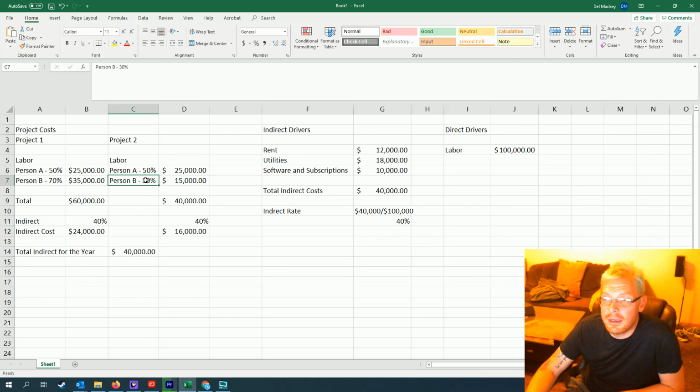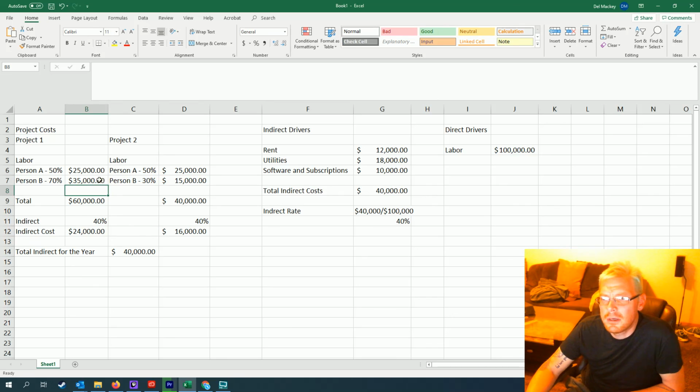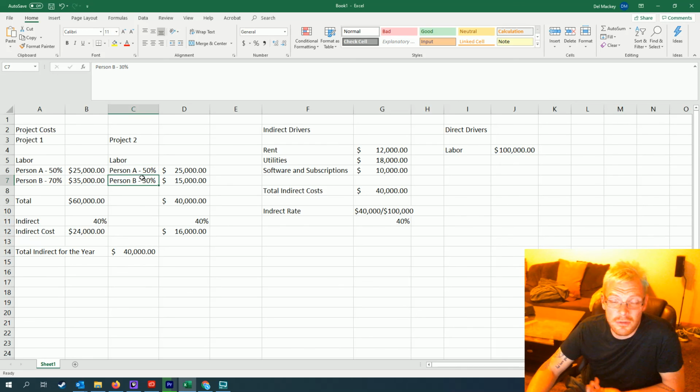And then on project number two, they're at 30%, and that gives you $15,000. So when you add these together, you see that between project one and project two, you fully covered that person's time, $50,000 in a year. And that makes sense because they're 50% on this one, 50% on this one, gives you 100%. 70% on this one, 30% on this one, it gives you 100%.